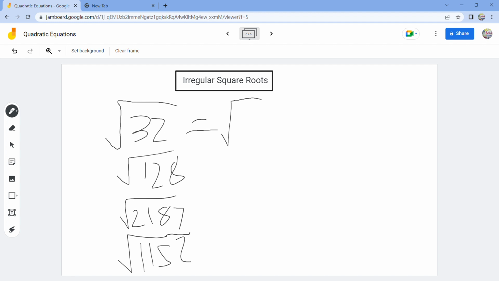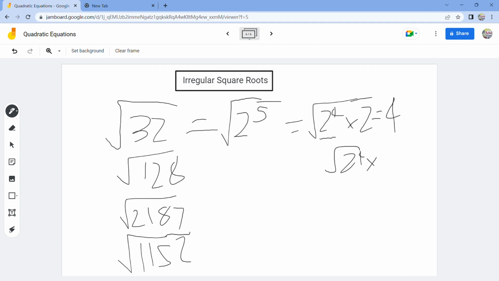What you do is look at its factors, and then look at the factors with even powers. So it's 2 to the 5, which is 2 to the 4 times 2 to the 1, like the largest even power in the factors.